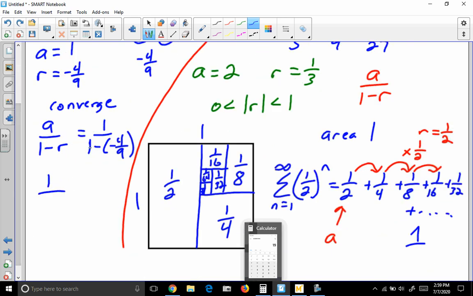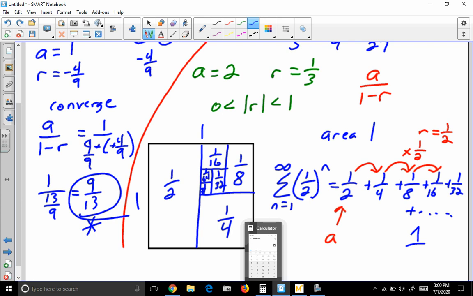To get a common denominator, it would be 9, so 9 over 9. Two negatives make a positive, so on the bottom we end up with 13 over 9. If we divide by a fraction, we multiply by its reciprocal. So when we add that convergent series together, the terms will make their way towards 9 over 13.